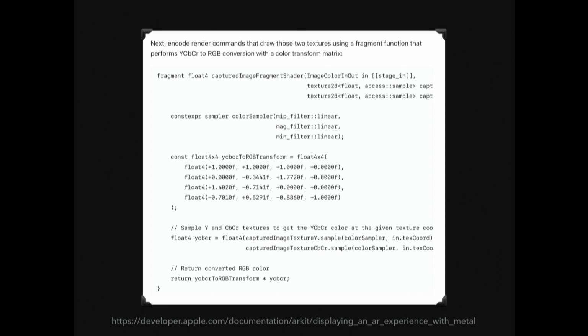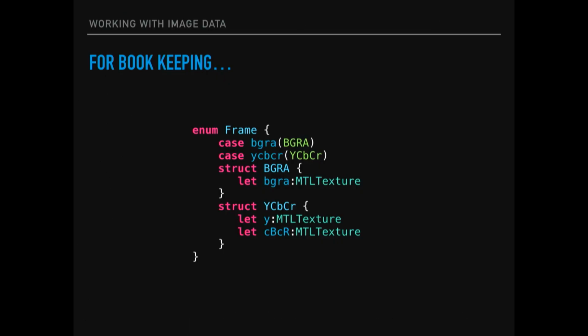Or you could go watch a college class online to understand it, but it's not hard. What is hard is the system gives you these Metal textures which mean nothing. They're just blobs of data. They could mean luminosity, they could mean RGB, they could mean color, they could mean anything. So it's up to you to keep track of it as you're passing it into the different subsections of your render loop.